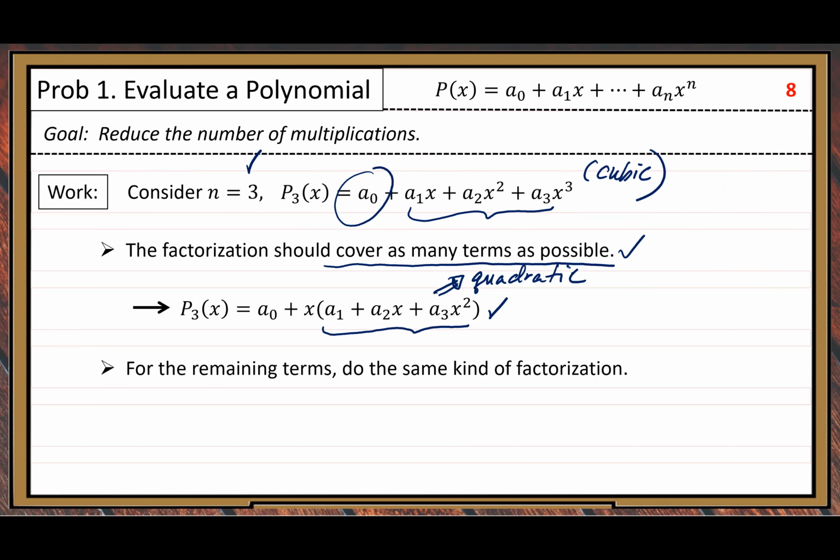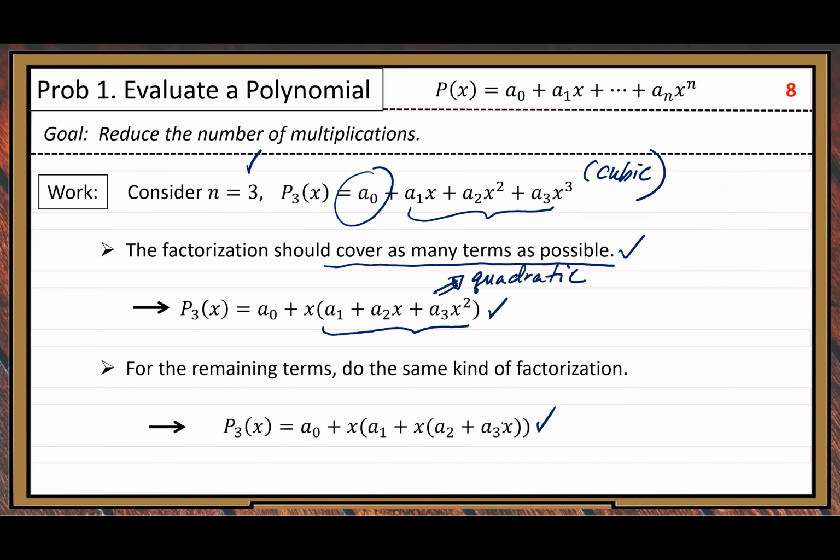Yes, so we can do it another time. Then you can see we do factorization twice. After we do factorization twice, we get a new form of this cubic polynomial evaluation order.